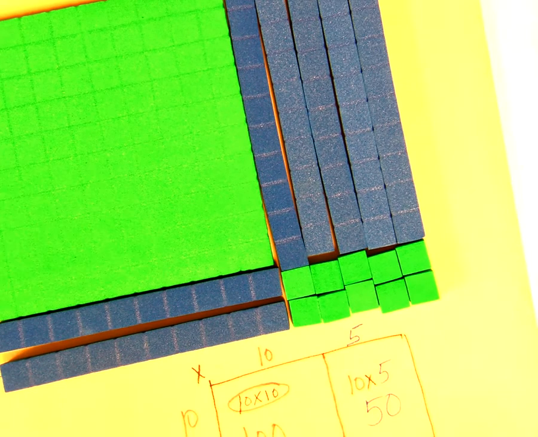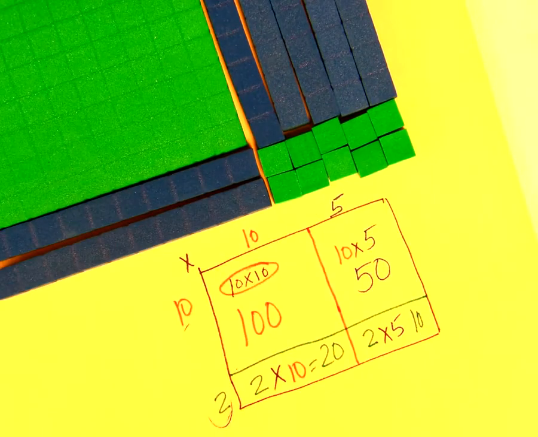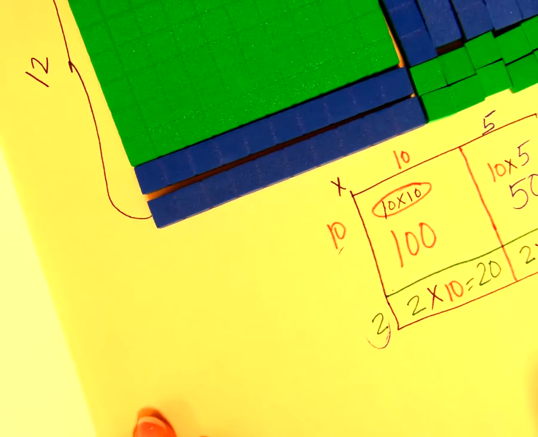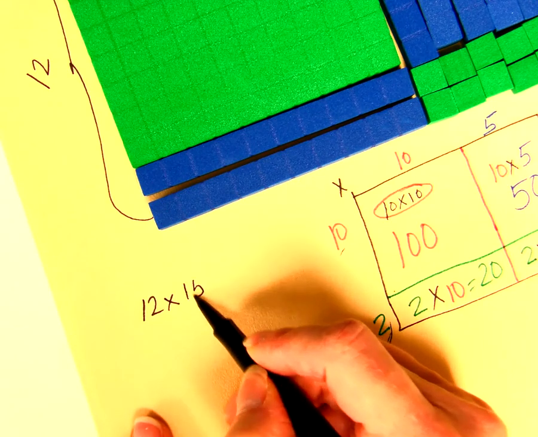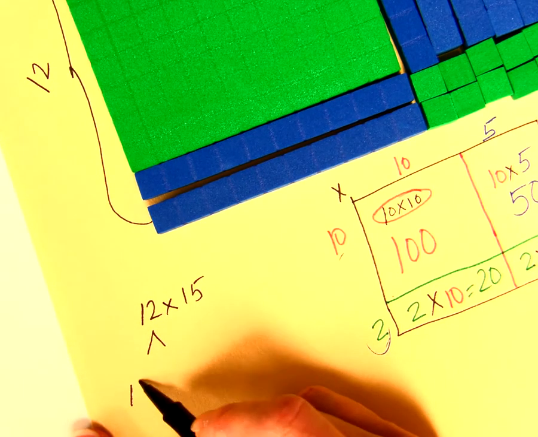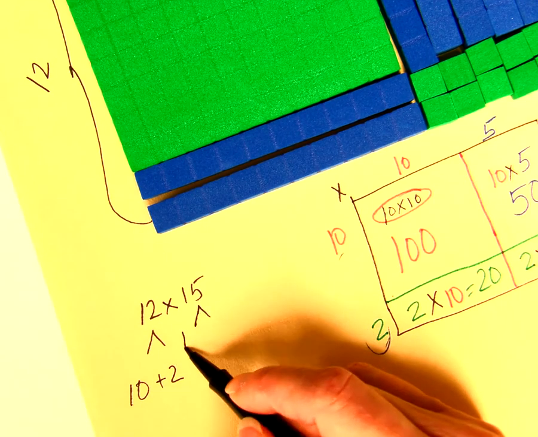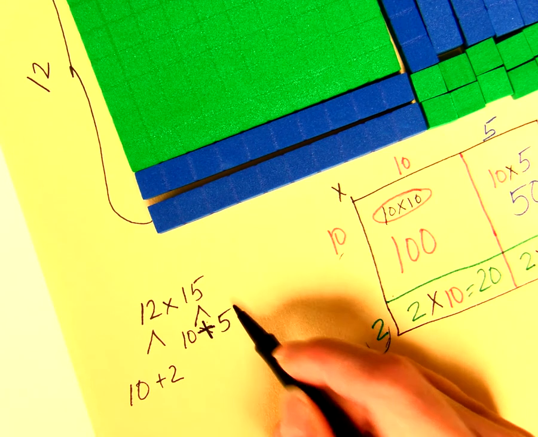So now, these are our partial products. If we think about doing this as an algorithm, we would get partial products. I don't usually push the kids to the algorithm. I like to push them to decomposing. So if we think about 12 times 15, I decompose this into a 10 and a 2, and I decompose this into a 10 plus a 5.